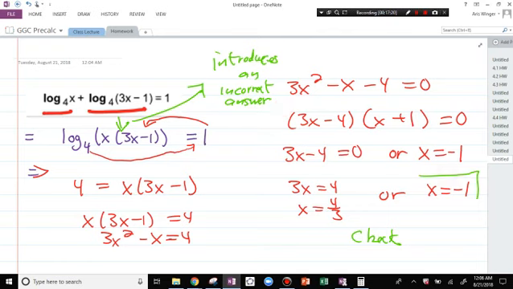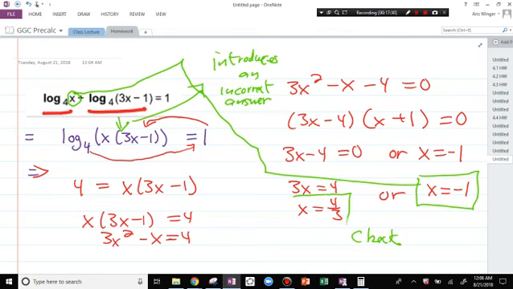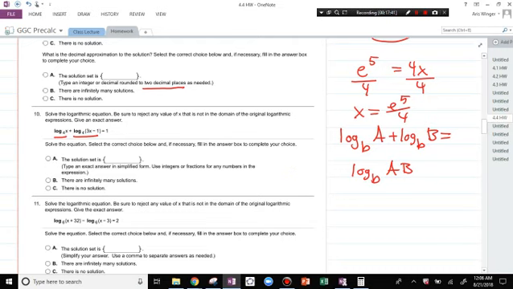It's this negative 1, because there's no way we could take that negative 1 and put it here for a log, right? The answer is 4 over 3, and 4 over 3 alone.